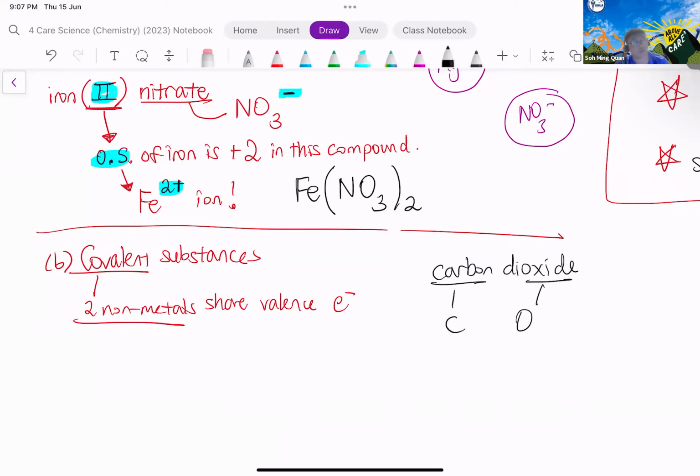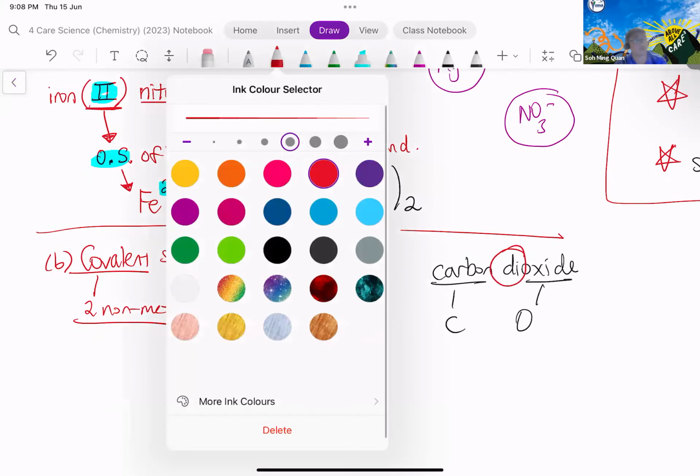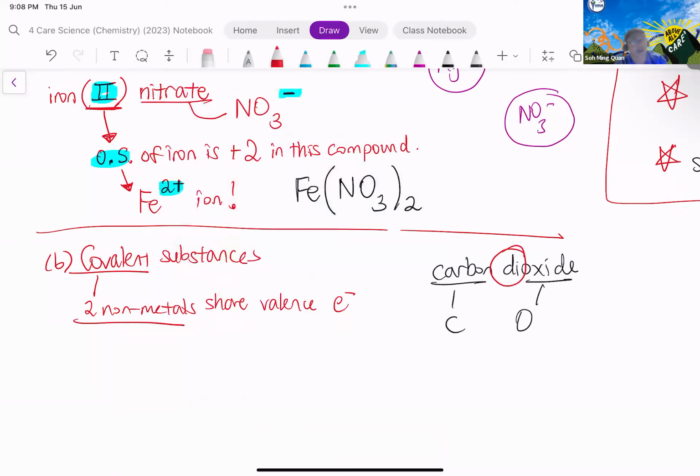Oxide comes from oxygen. Now, for covalent substances, there's no charges to speak of because they are not ions. So the way to write the formula is to work on prefixes. The prefix is di. Di means 2. 2 oxygen. Therefore, the formula is CO2. Okay, let me write the C closer. So the formula is CO2.